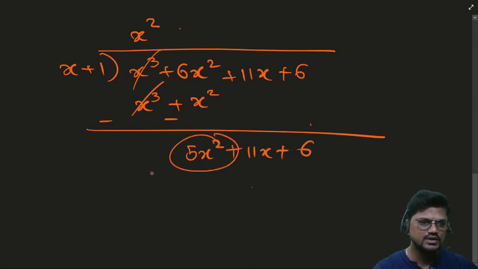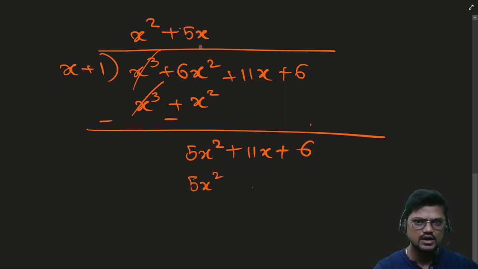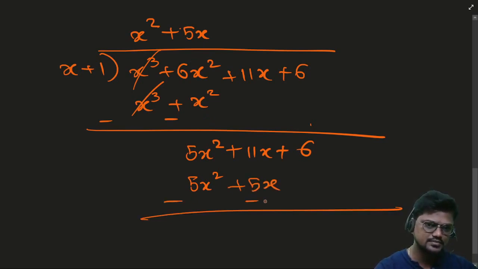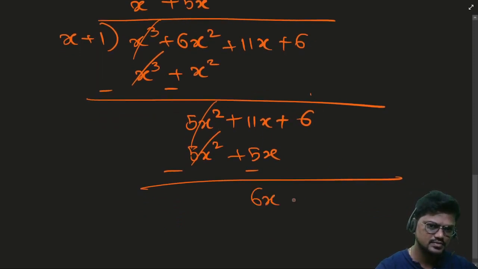Now what you need is 5x square. So what do you have to multiply? x into what will give 5x square? You have to multiply with 5x. 5x into x is 5x square, and 5x into 1 is 5x. Now if you subtract, this and this get cancelled. 11x minus 5x is 6x, plus 6.